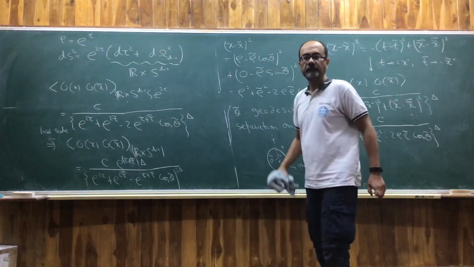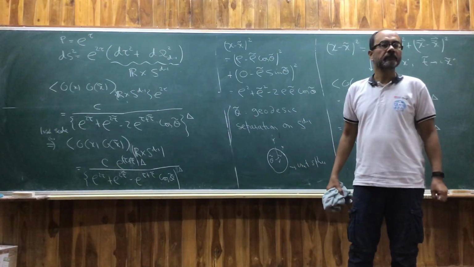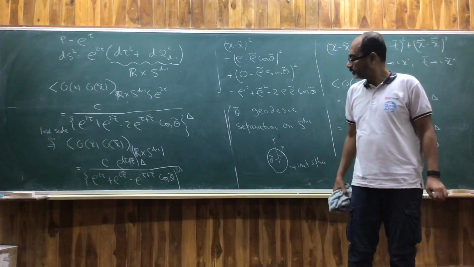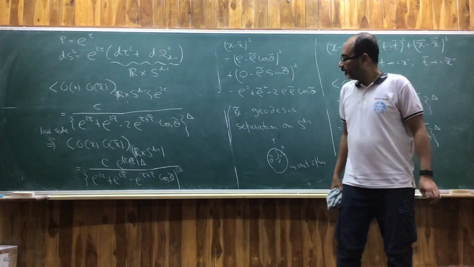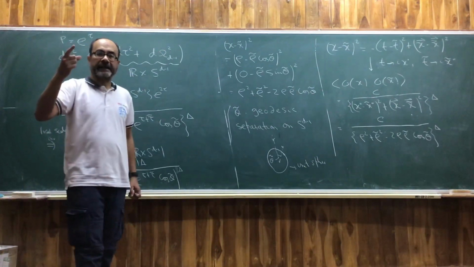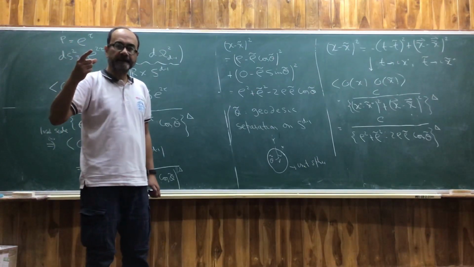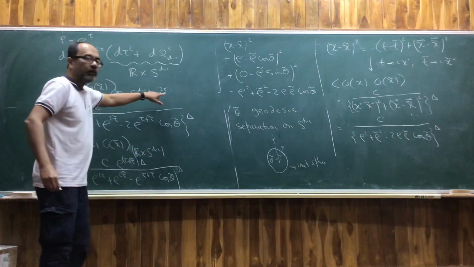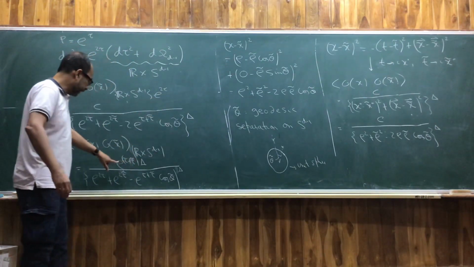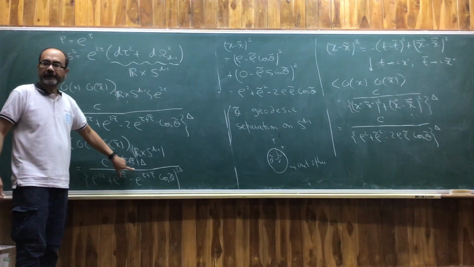So, we are scaling the metric by e to the power 2 tau. Yes. So, why is the factor of e to the power (tau plus tau tilde) coming in on the RHS? Because you had this e to the delta omega of x, right? So omega of x is e to the tau, and omega of x tilde is e to the tau tilde. Right? That's why you are getting tau plus tau tilde.